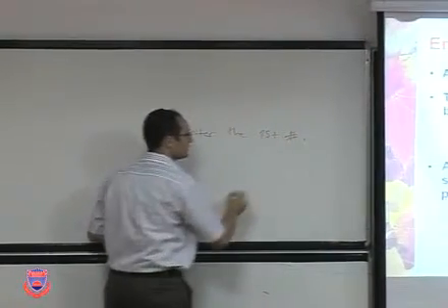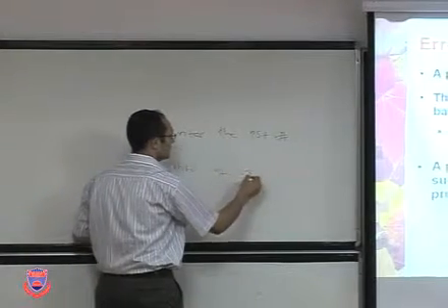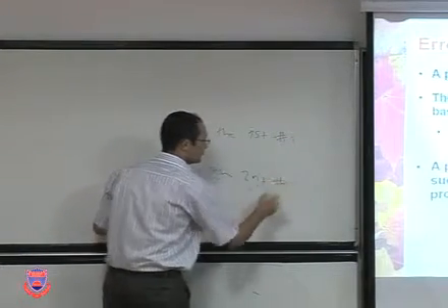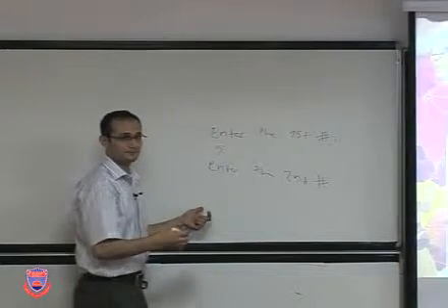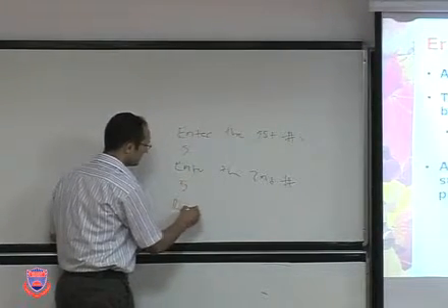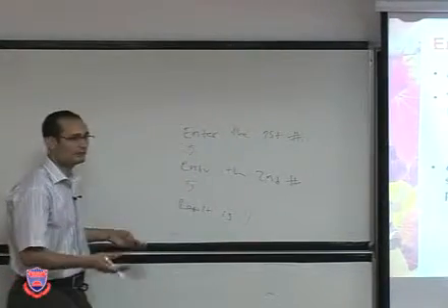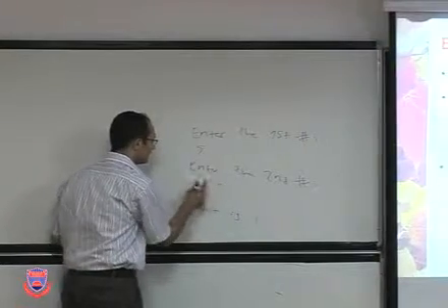User enters 5, and then enter the second number. User enters again 5, let's say. The result is 1, it divides 5 by 5. However, what if you have a 0 here?